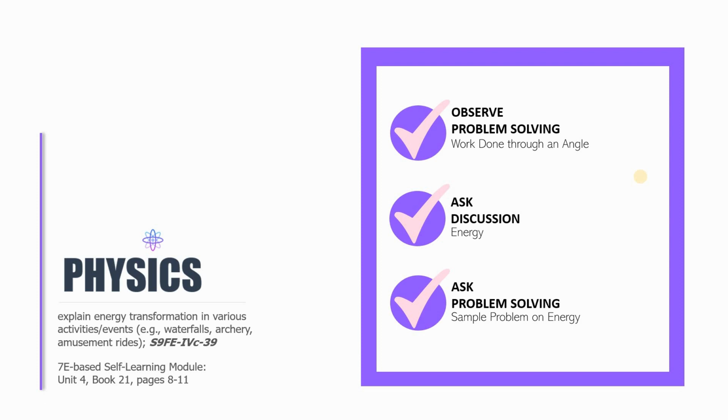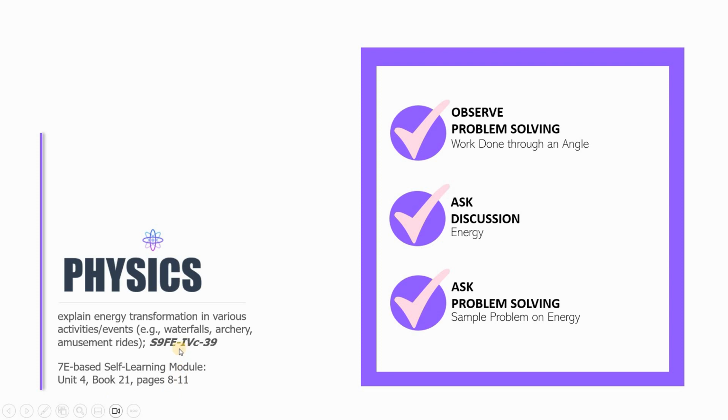Now remember that this video lesson is based on the 7E based self-learning module in Science 9 which I wrote. So you might not find these references anywhere else in the internet. Okay? Particularly, you'll find this na in my book on Unit 4, Book 21, pages 8 to 11.